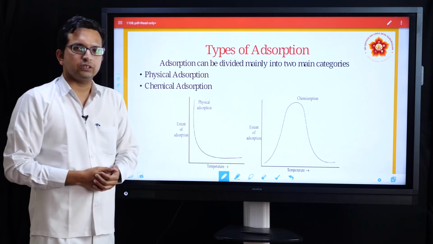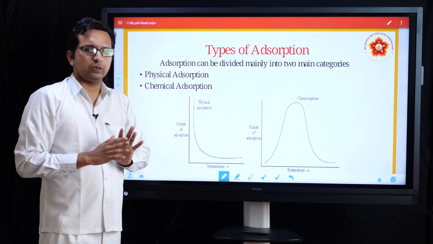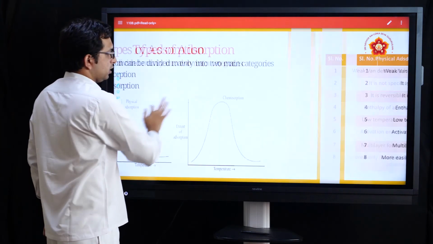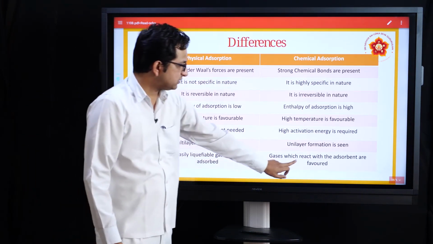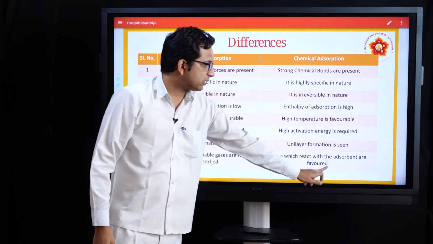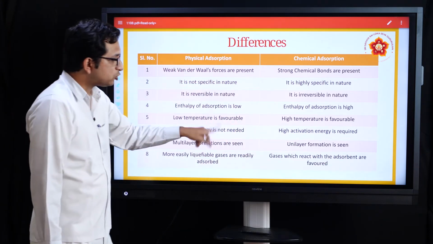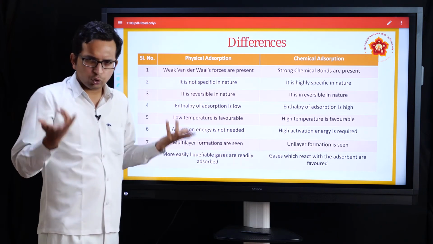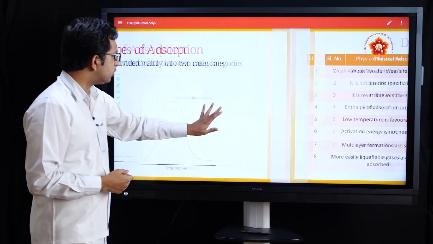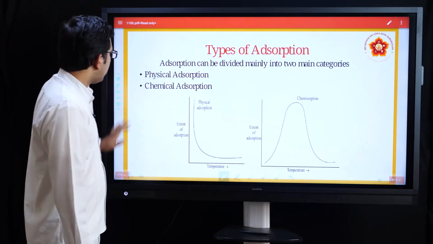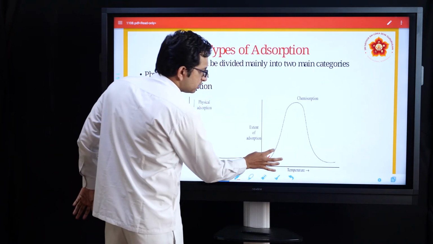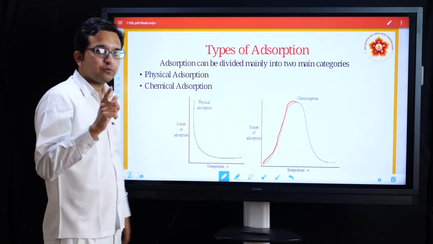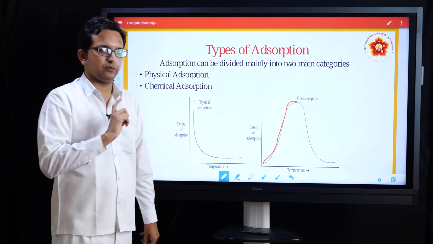Then what about chemisorption? It will have some adsorption, but please remember the last point we had here, that gases which react with the adsorbent are favored. So here there is actually a reaction happening, and for a reaction to happen, it is good if there is temperature for it. You can see in the graph that at the start the extent of adsorption is increasing because high temperature is favored for chemical adsorption, as we have already seen in the differences.